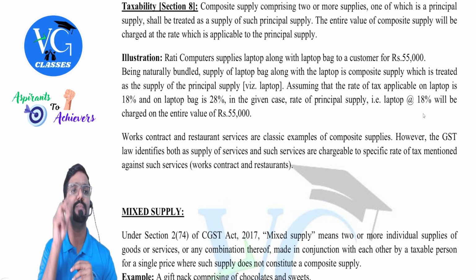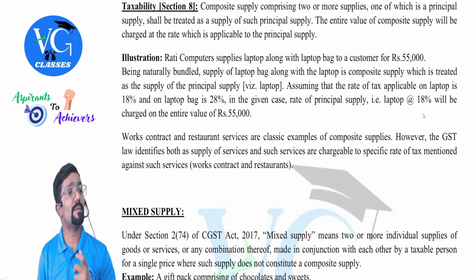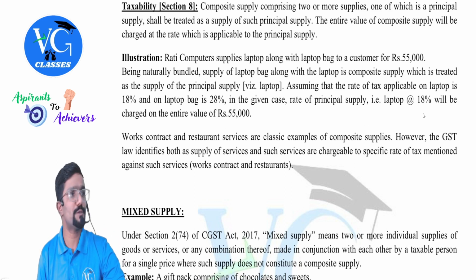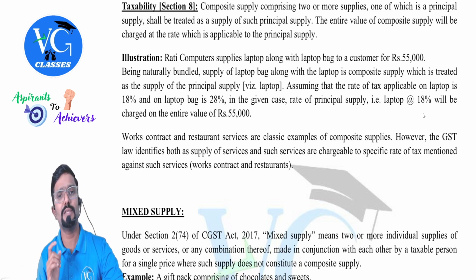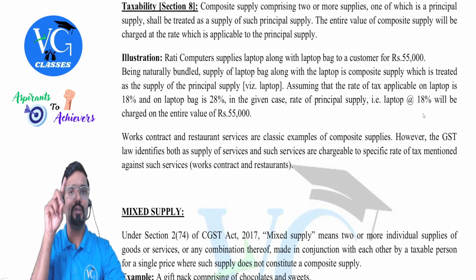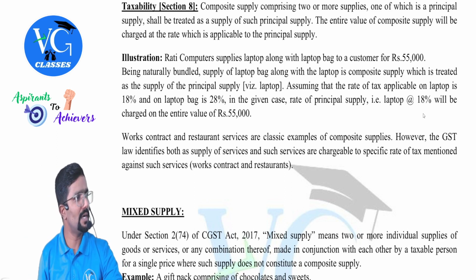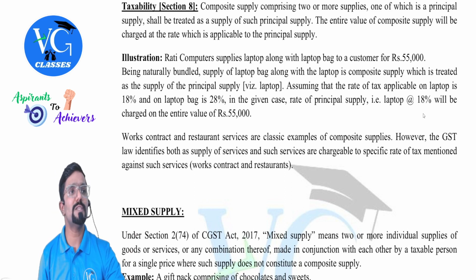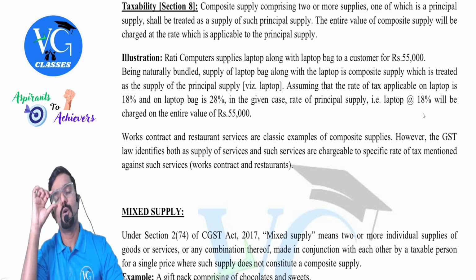Works contract and restaurant services are the classic examples of composite supply. If you remember, I explained this when I was covering Schedule 2. At the end, we had composite supply, that is works contract services and restaurant services. Clear? I told you under the previous indirect tax regime, it was a big headache. Why so? Because in this too, both goods and services are involved. Previously on goods, VAT was levied, and on service, service tax was levied. So it was not possible for the supplier to give a breakup, sir, for how much service, how much goods and all.